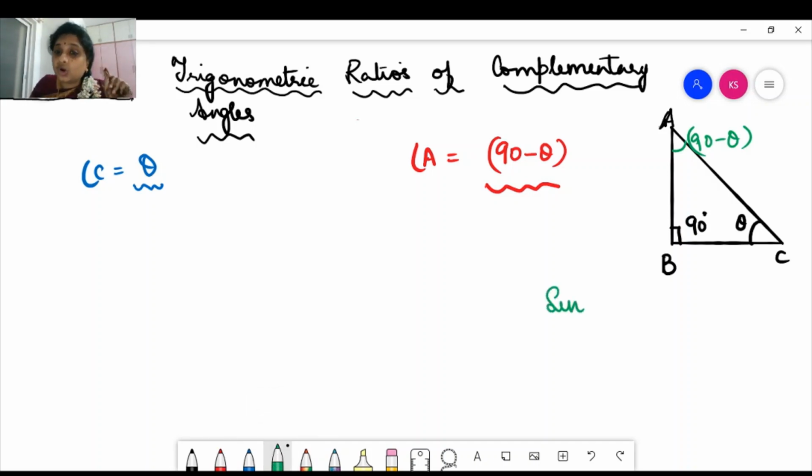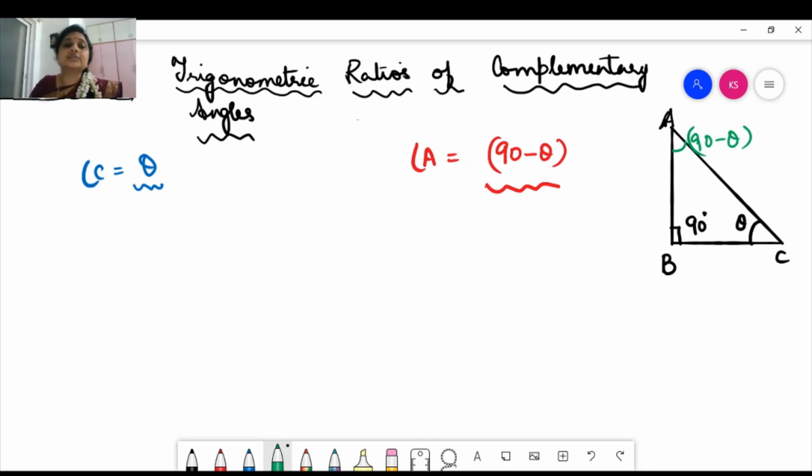Sine, cos, all these ratios without the angle measure do not make any sense. Sine, cosine, tan, cotangent, all these are ratios of a particular angle. So the trigonometric ratios without the angle do not make any sense. You need to be very clear about this.